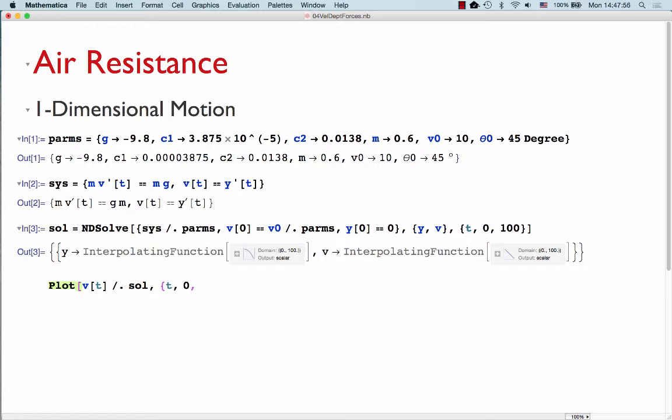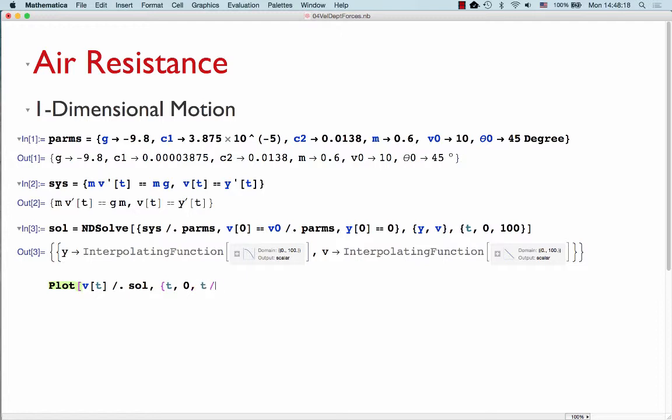And we'll run it from t equals 0 to the turning point, where it hits the ground again.